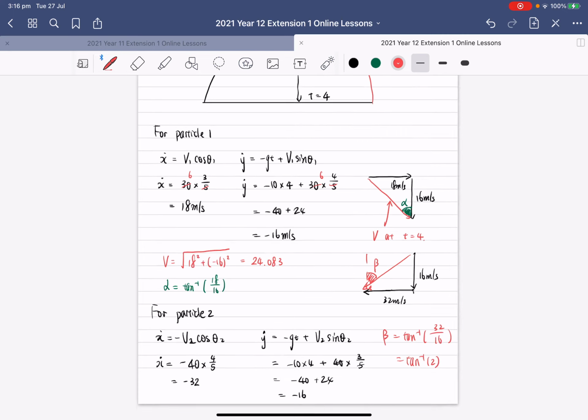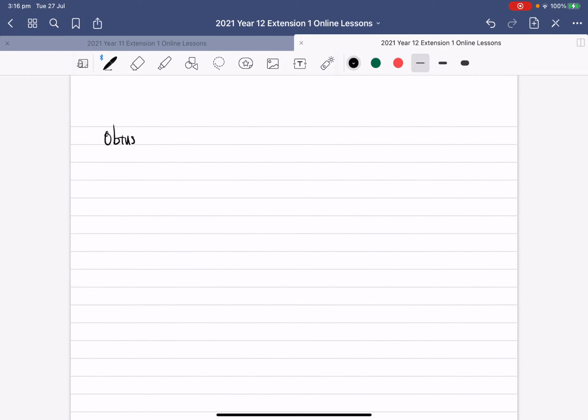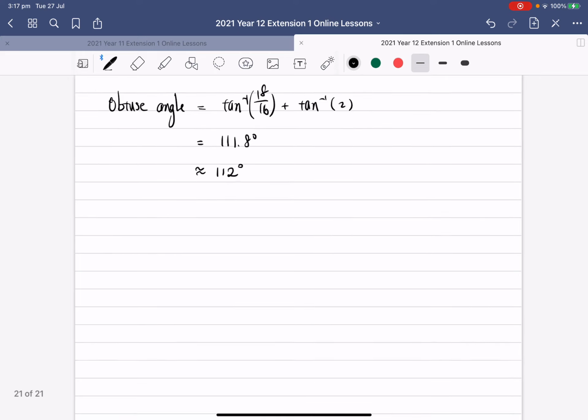Okay, so the overall angle in between, the obtuse angle in between, is equal to tangent inverse 18 over 16 plus tangent inverse 2. Let's do the final calculation and see what the answer equals at the end. So the answer is equal to 111.8 degrees, and if you want to round to the nearest degree, that becomes 112 degrees. And that is the angle in between the two particles when they collide at that instant.